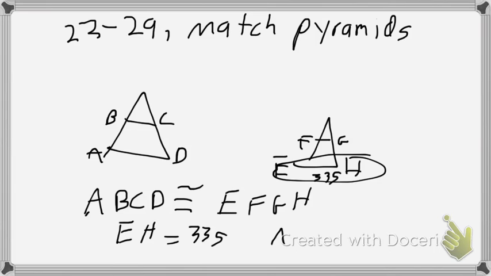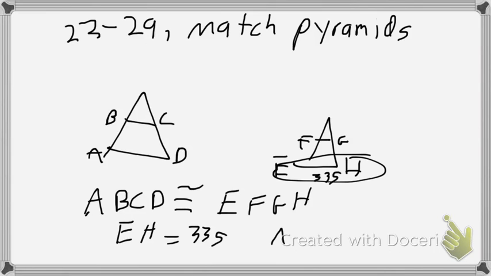So you look over at E and H, first and the last one. So you try and figure out, now in each one of these, each pyramid has different measurements given. So you want to be able to look at whichever pyramid has that measurement given and match it up with the corresponding parts on the other pyramid.